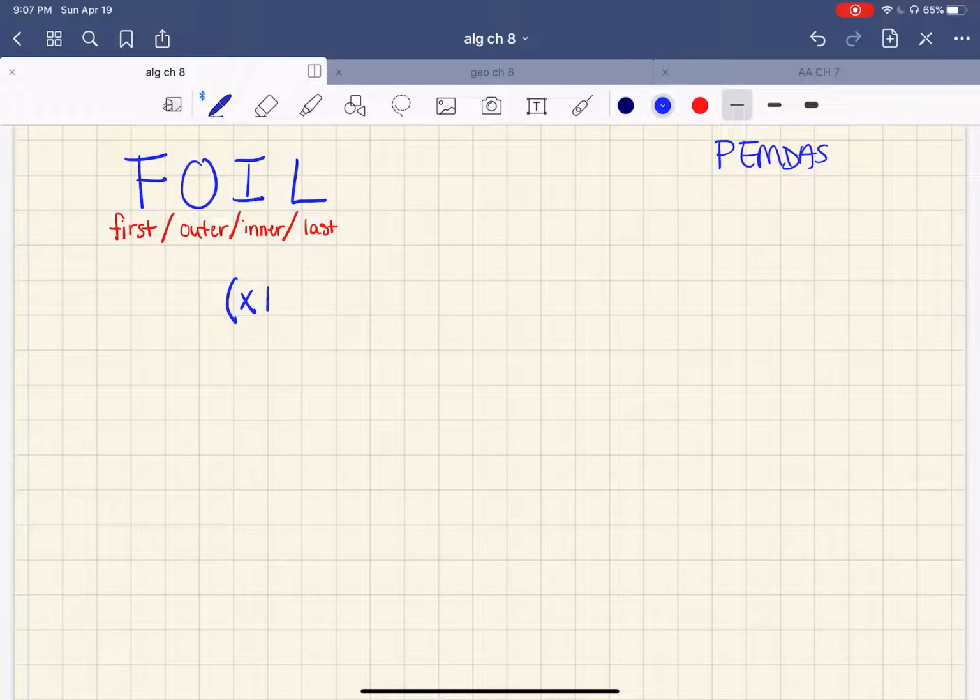If I have x plus 4, and let's say x minus 2, each of these binomials is separate. It's unique. We've got a first term for both of these binomials, right? This is a first term, and this is a first term of the other one. So what they mean by first is, let's multiply the first ones together.